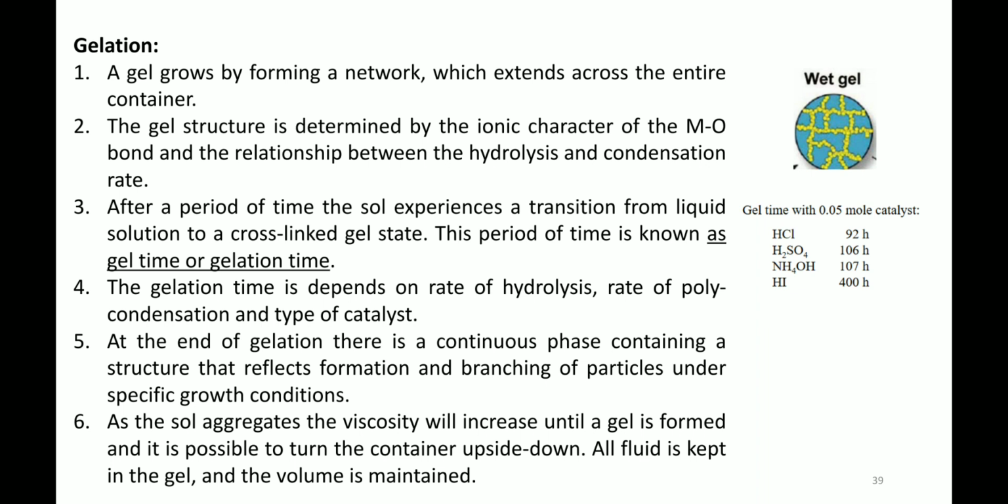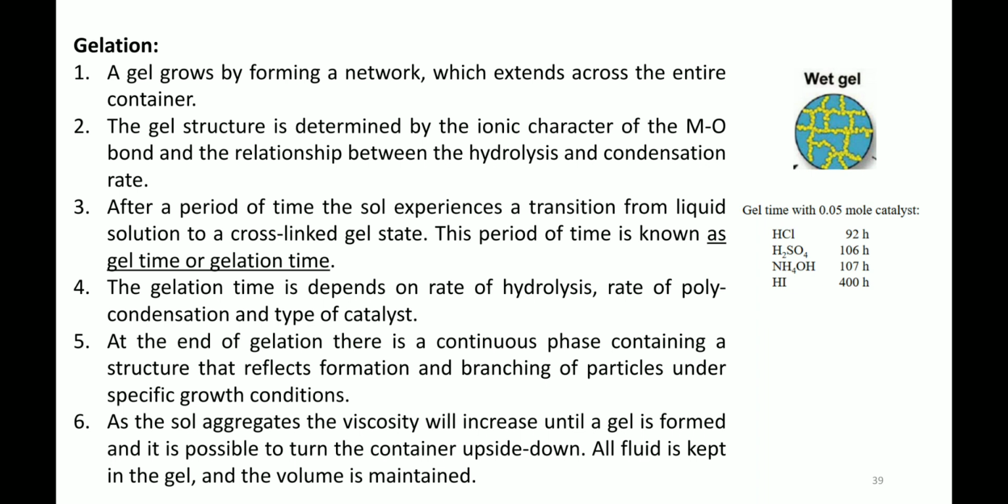After a period of time, the sol experiences a transition from liquid solution to cross-linked gel state. So we have to allow a certain amount of time in order to convert that sol into gel.